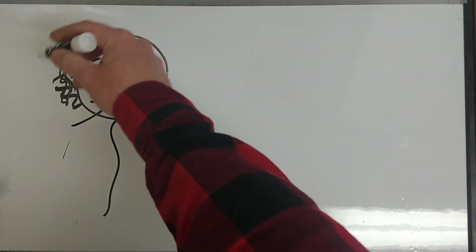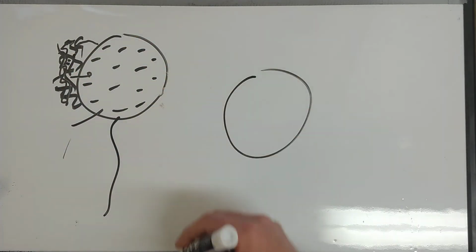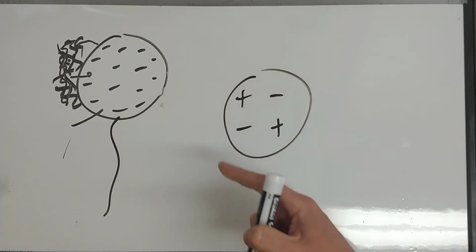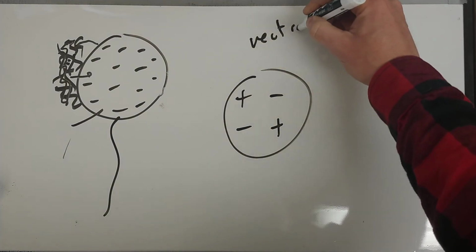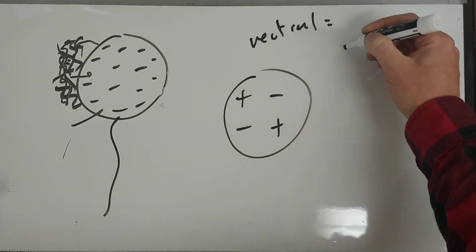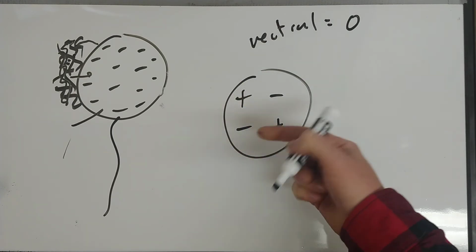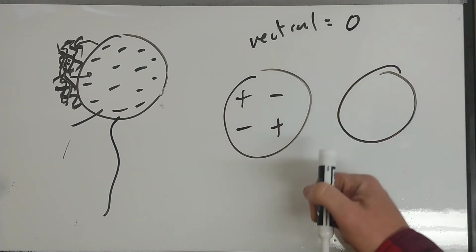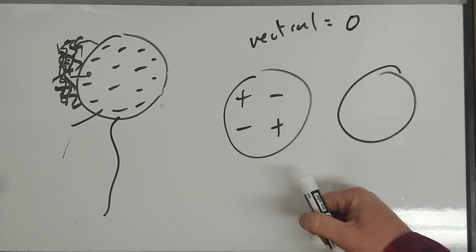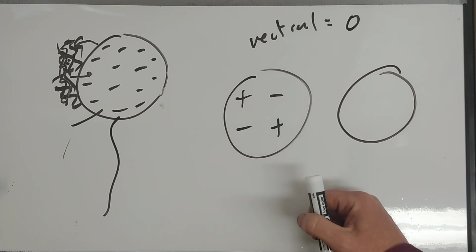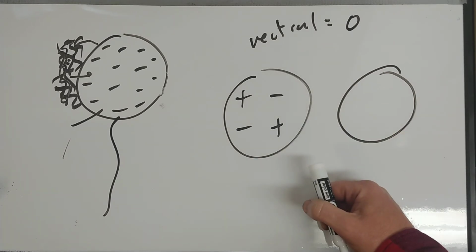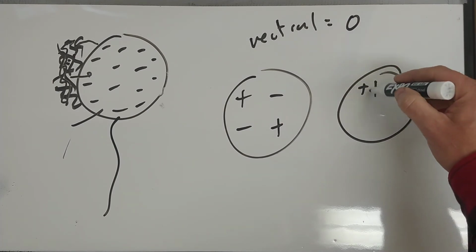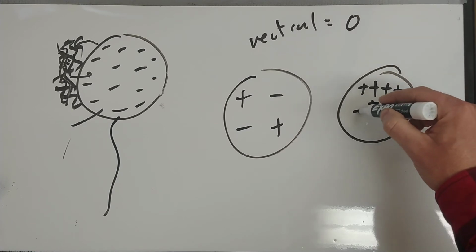So if you have an object that is neutral, neutral means if you add up all the plus and minuses, the total charge is 0. We have 2 positives, 2 negatives. That's a total charge of 0. Let's say you have over here something that has just a lot more charge.